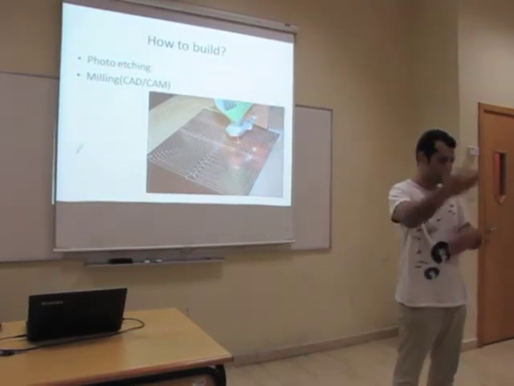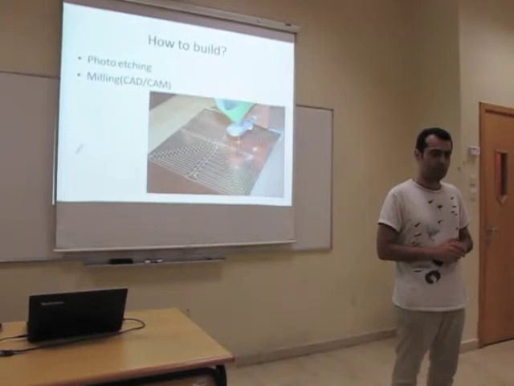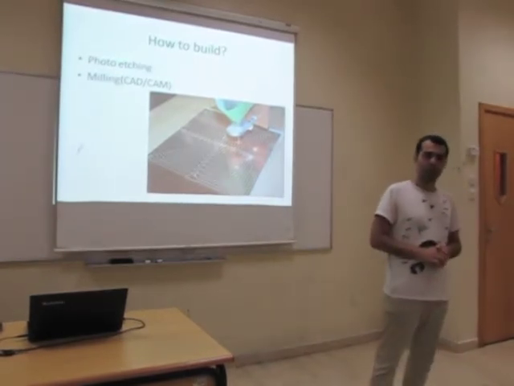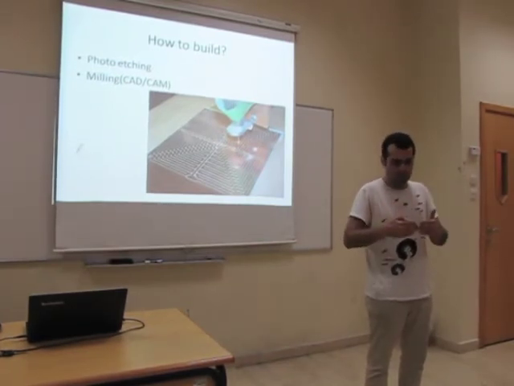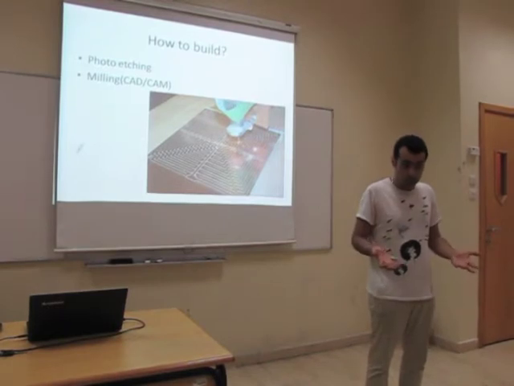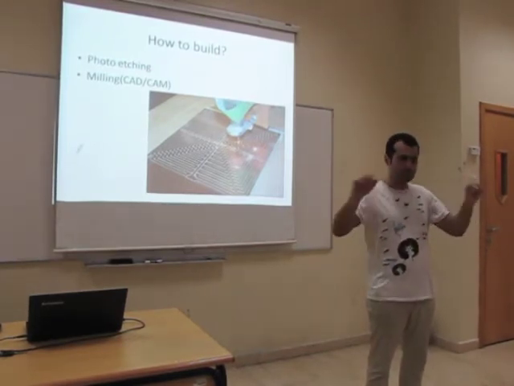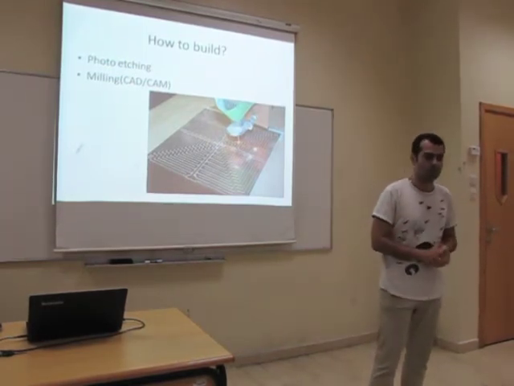The tracks you see on those films will be protected by some photolaminated material. So they are protected, and the other parts which have no protection will dissolve. I will show you the real material in the lab, where you see the whole surface is covered.